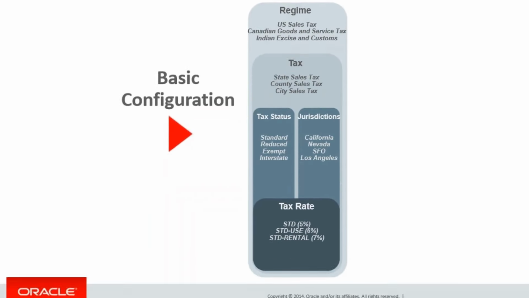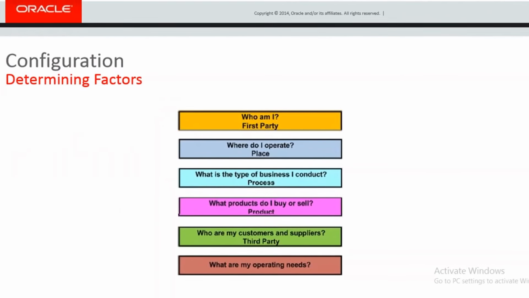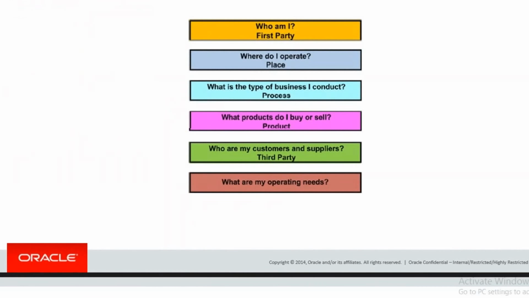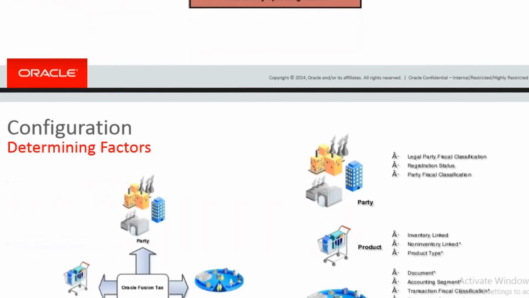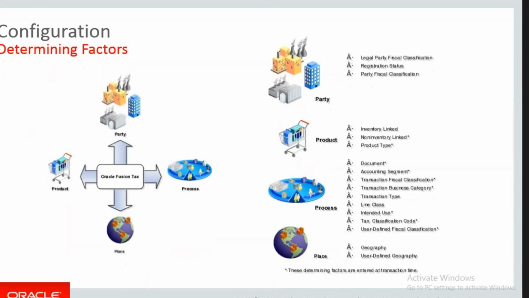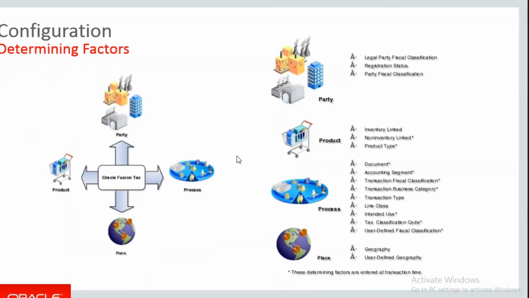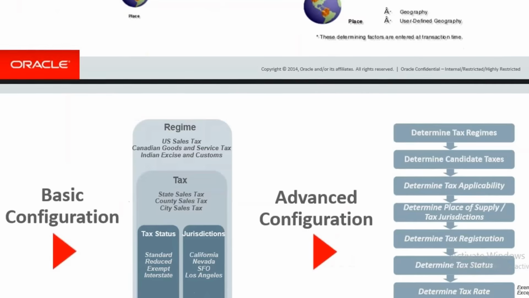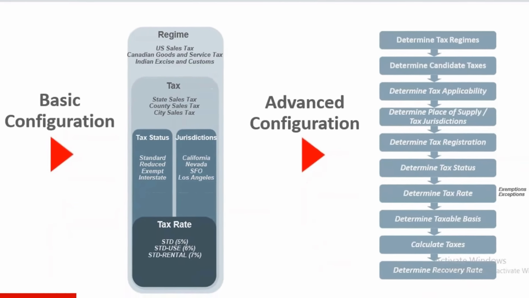Okay, so these are all you need to consider, like who is my first party, and as I told, configurations, right? Okay, so basically it is a central place, so you can define for the product or party or process. Okay, so just go through this document.